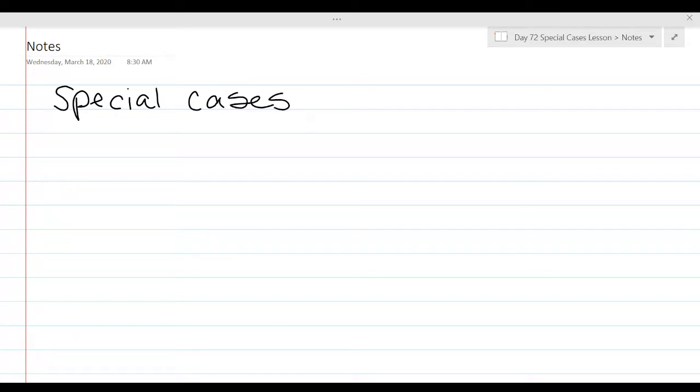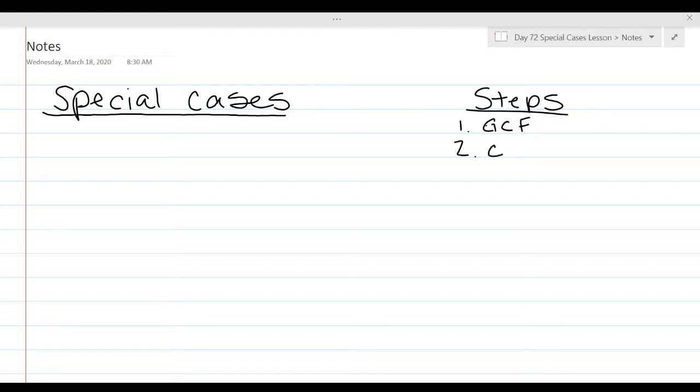Before we learn about those special cases, we are going to go over the steps that we learned last time for factoring. Step 1 was find the GCF if there is one, and if there isn't, just go to step 2. Step 2 is a step we're adding from last time, and that's check for special cases, which we will learn about today.